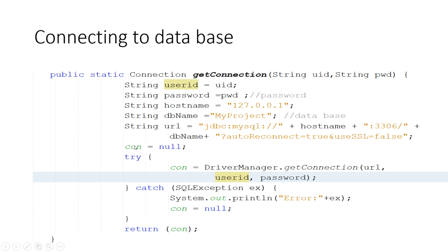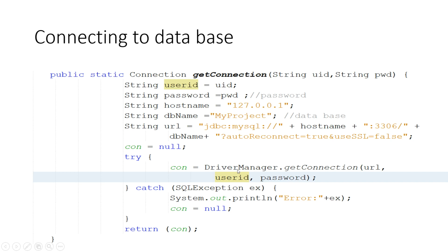In the previous one, we created a connection reference variable, setting it to null, con equal to null. Then you have to call the getConnection function in the class DriverManager.